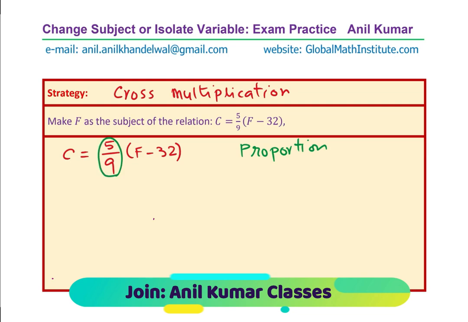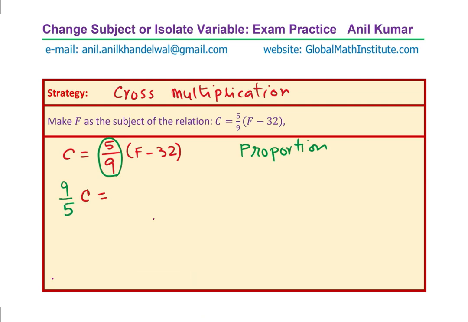Now, cross multiply means this term we can multiply on both sides. And what you get is 9 by 5 and the rest of the thing is C equals F minus 32. Do you see that? So we multiplied by 9 by 5 on both sides. And so from the given equation, what we get is 9 by 5 C equals F minus 32.